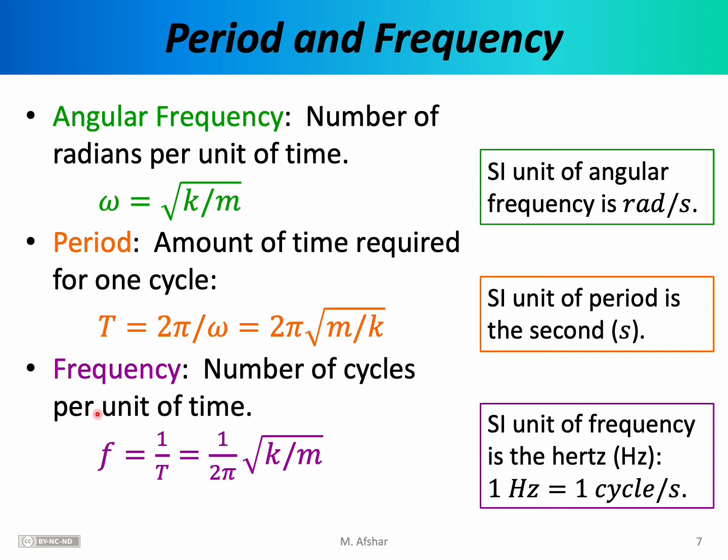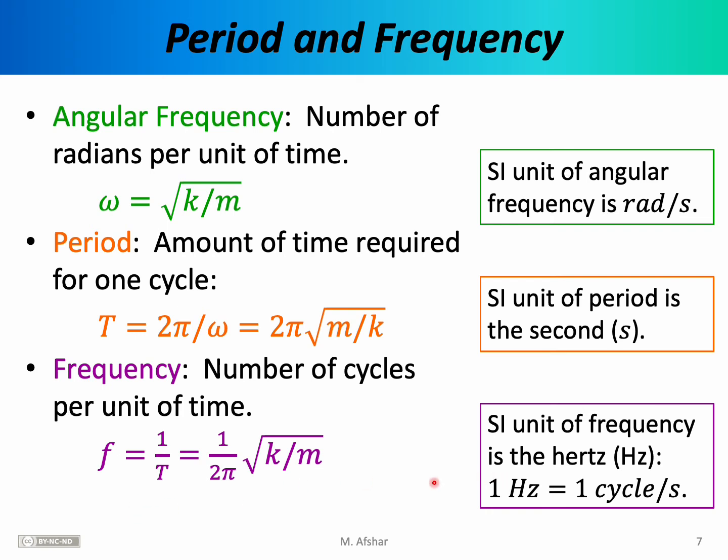Frequency is denoted by lowercase f, and it can be calculated using this formula. Frequency is simply 1 over the period, and recognizing that the period is given by this formula, you can calculate the frequency as 1 over 2 pi times the square root of k over m.